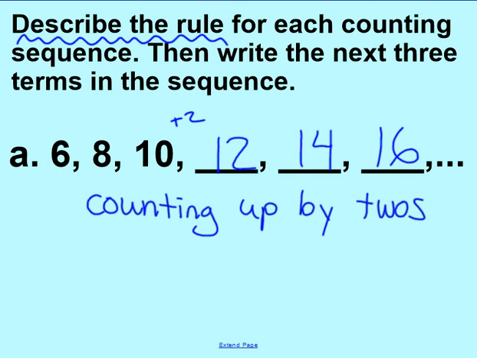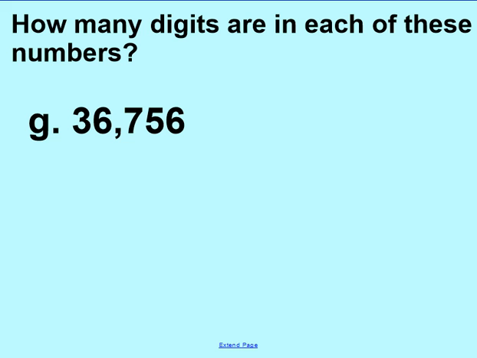Okay? I want you to jump on down to letter G, and there are some directions above letter G. It says how many digits are in each of these numbers, and they give you G, H, and I, that they want you to count the number of digits. So remember, this is where we use either an underline, an X, or an arrow, or all three. How many digits are in each of these numbers?